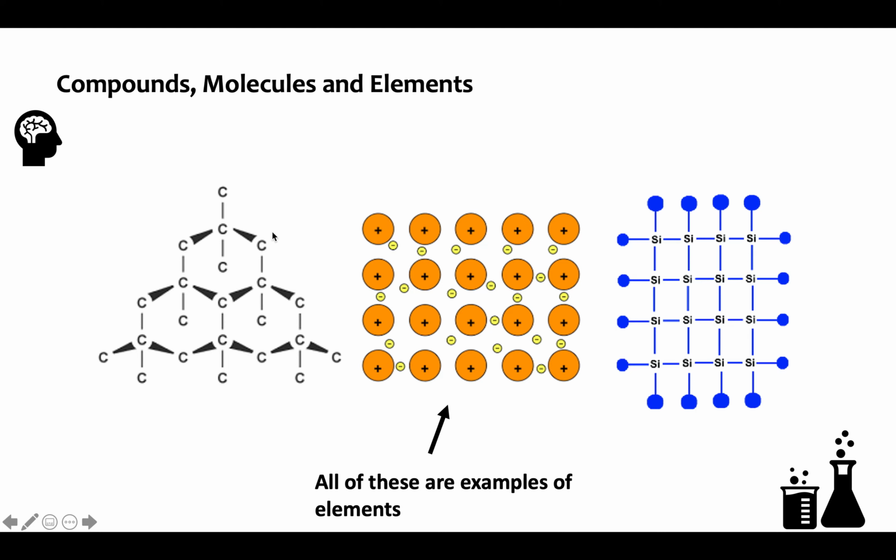Okay, so this is the network structure that we were talking about in the previous slide on the left, and this is also a network structure, so we cannot call them molecules because they are just a repeating pattern. They contain covalent bonds, but they do not exist as discrete molecules, so therefore they're not molecules.